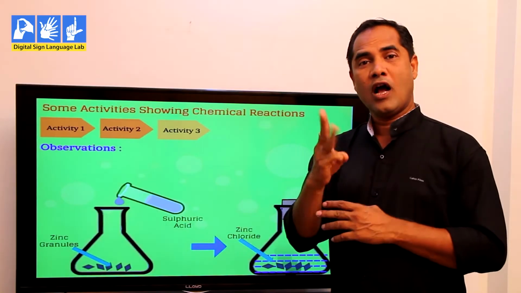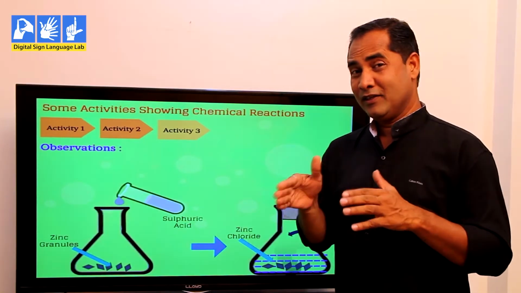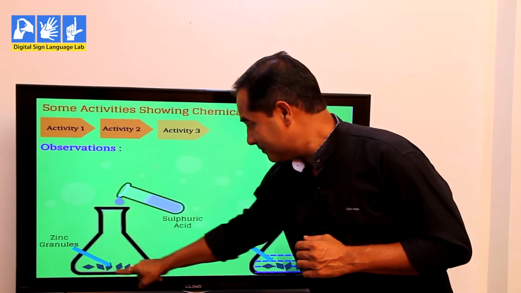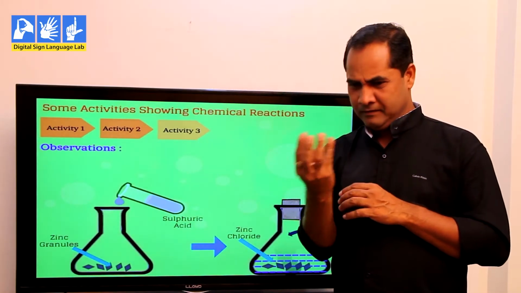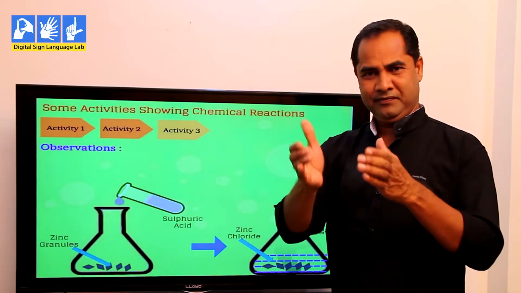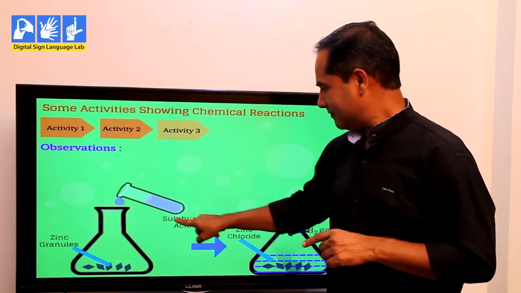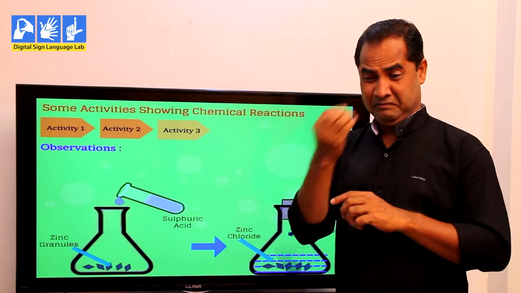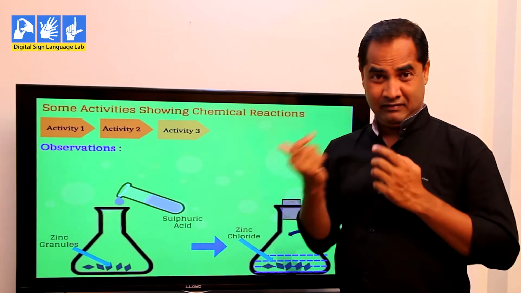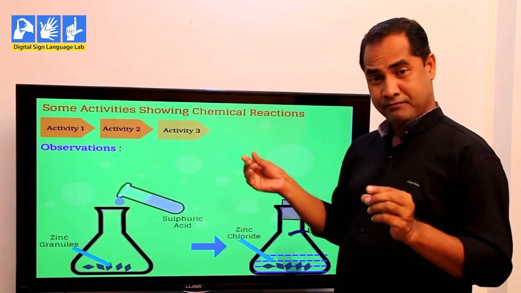Now see activity 3. Those are zinc granules. When you add sulfuric acid to zinc granules, and please be careful when you add this acid, it can damage your skin.